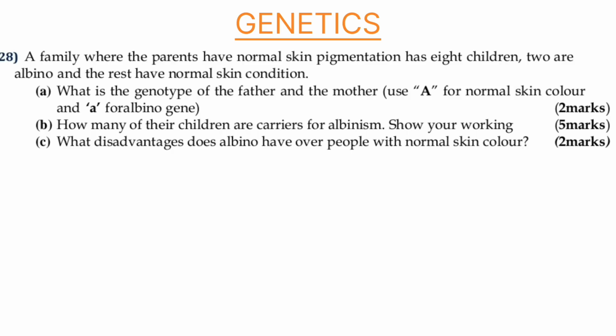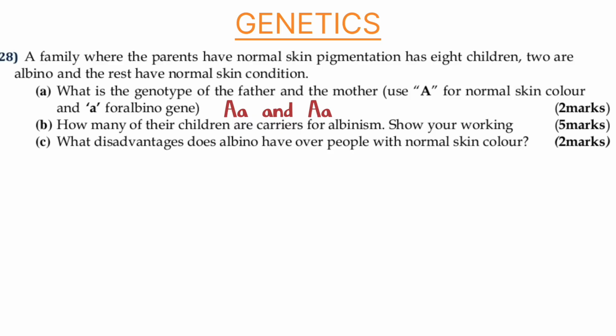So if the parents are phenotypically normal, with normal skin pigmentation, but they have albino kids, that means that they are heterozygous. So they have one normal allele and one allele responsible for albinism. And therefore, the genotypes of the father and mother are as such.